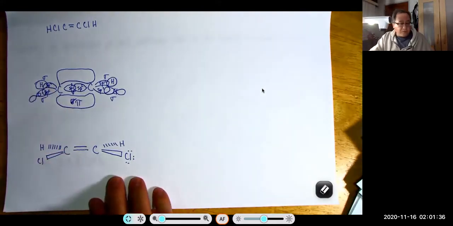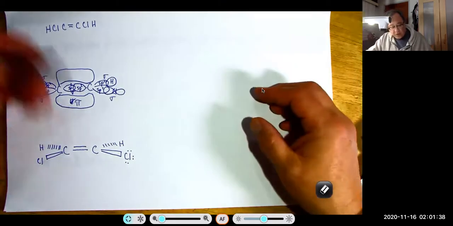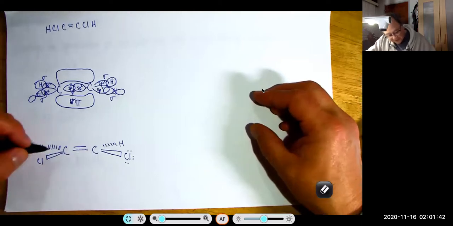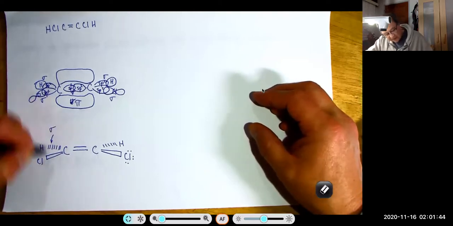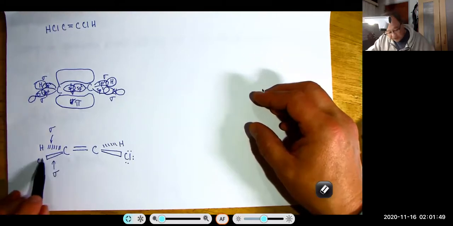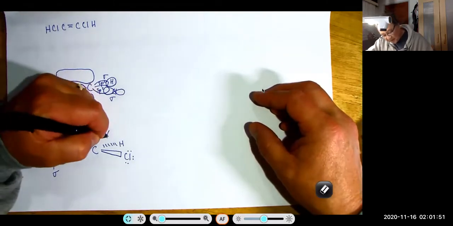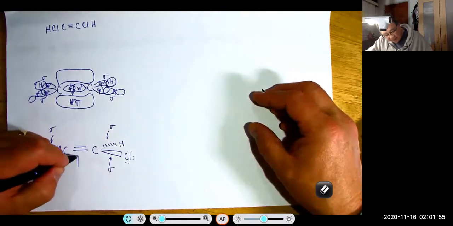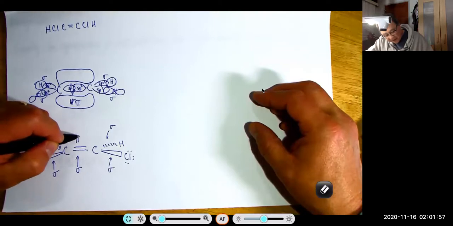Okay, because when we draw these without showing the orbitals, we don't really see that this is going to be a pi bond. So here we've got a sigma bond. Here we've got a sigma bond where the bond is directly between the two atoms. This is a sigma bond. This is a sigma bond. And here you've got a sigma bond, but you also have a pi bond.